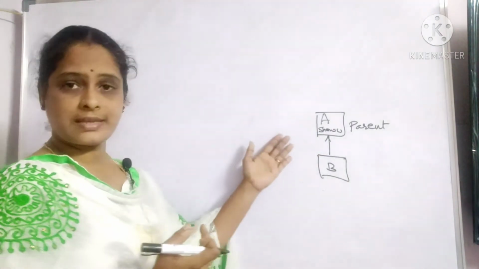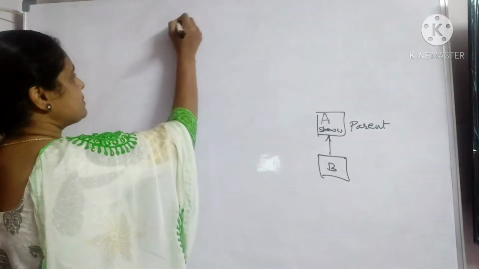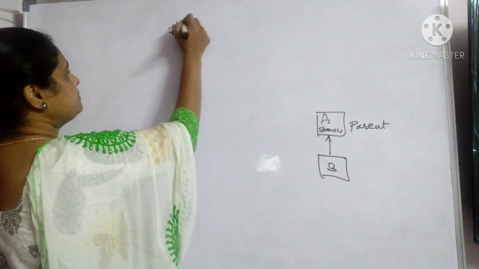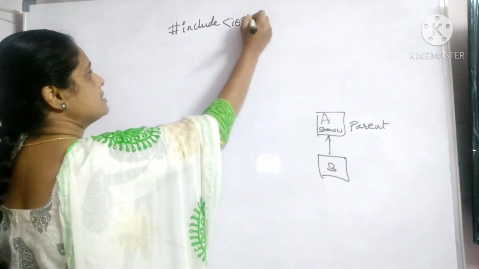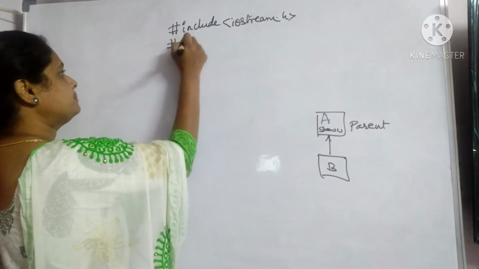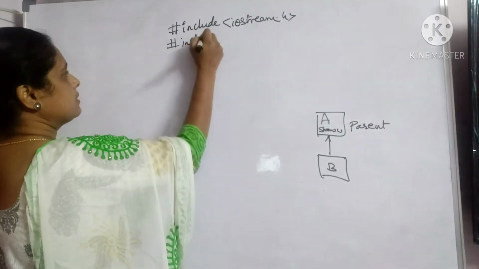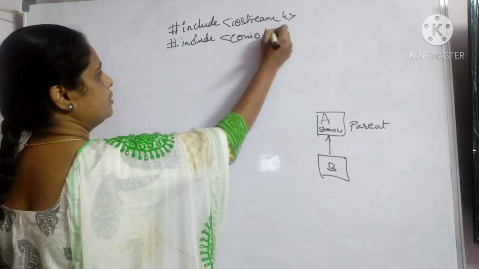We'll see the same in code form. Here we'll write the C++ program: #include <iostream.h>, then #include <conio.h>.